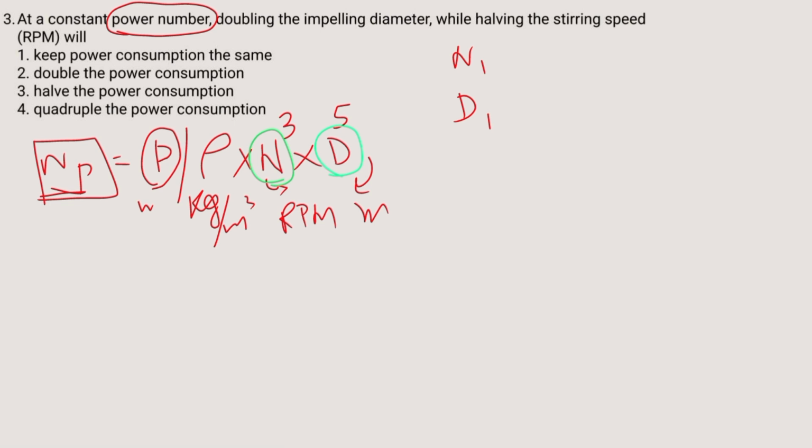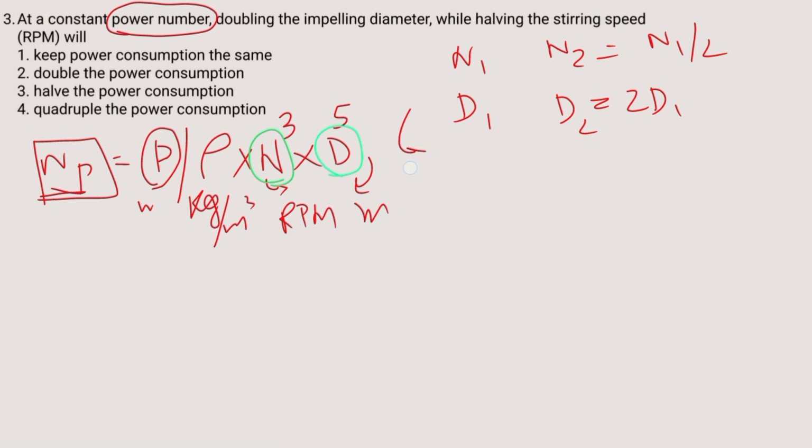So the diameter D2 would be equal to 2 times D1, and the stirring speed N2 will be N1 by 2.